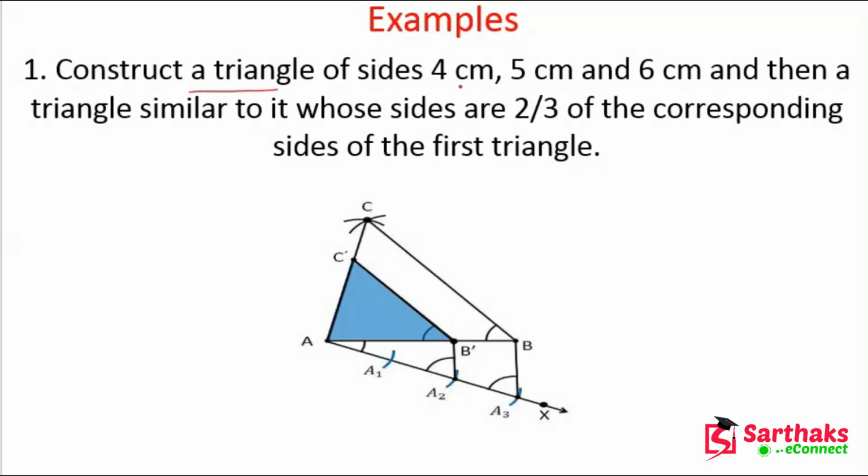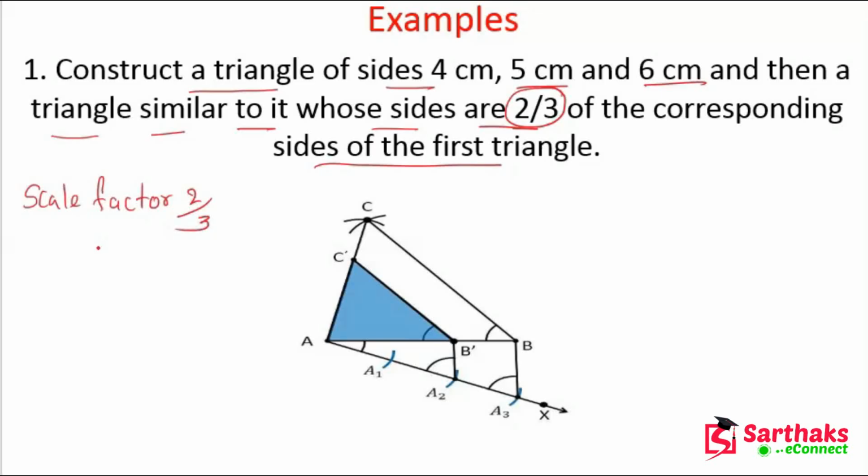Construct a triangle of sides 4 cm, 5 cm and 6 cm, and then a triangle similar to it whose sides are 2/3 of the corresponding sides of the first triangle. So 2/3 is the scale factor.